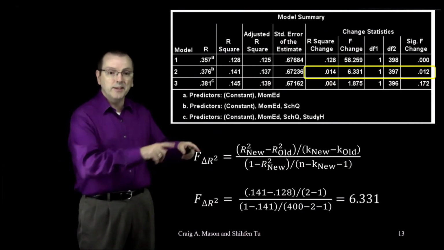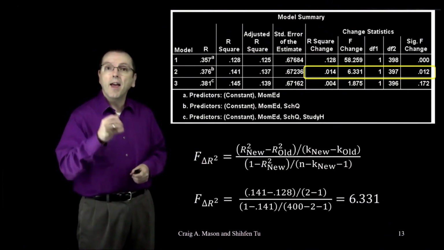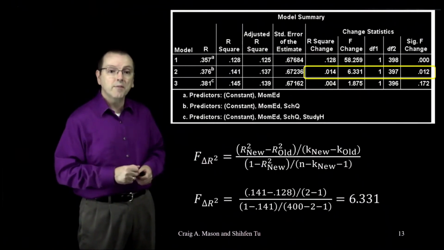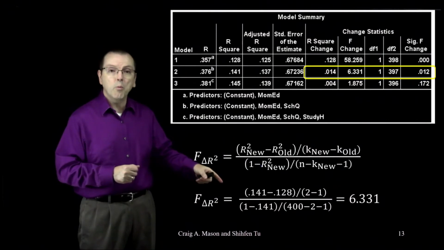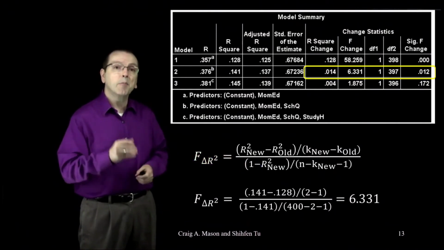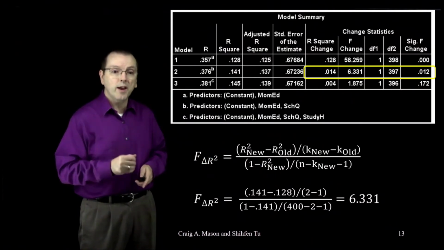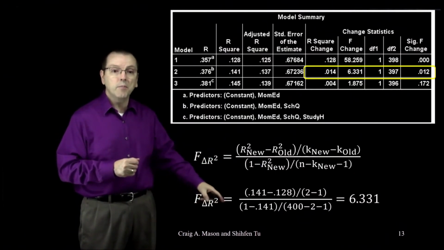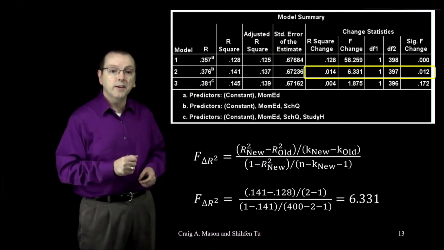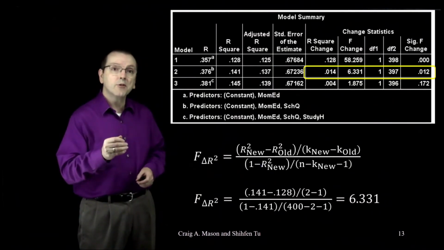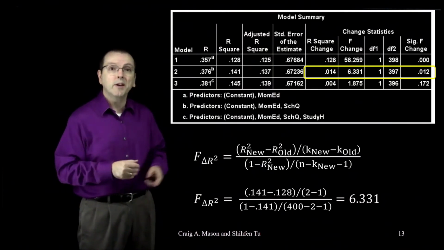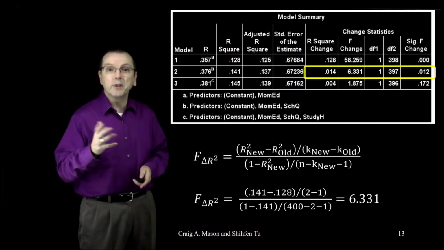If we plug in the numbers, we get our F change in R squared is equal to 0.141 minus 0.128 divided by 2 minus 1, all of that over 1 minus 0.141 divided by 400 minus 2 minus 1, or 6.331.